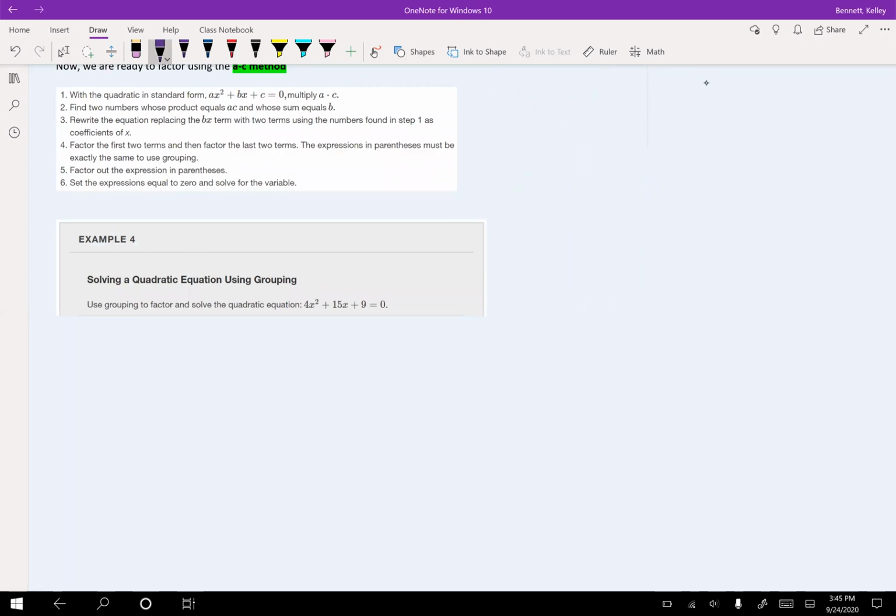If I have a standard form, ax squared plus bx plus c equals 0, then I would know that a equals 4, so that's the first one here. I know that b is 15 and c is 9.